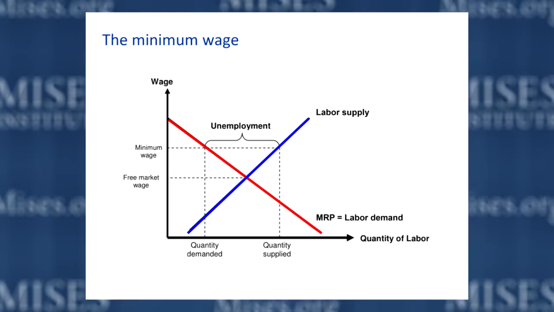So at the minimum wage above the free market wage, the quantity of labor supplied is greater than the quantity of labor demanded at that wage, leading to unemployment.